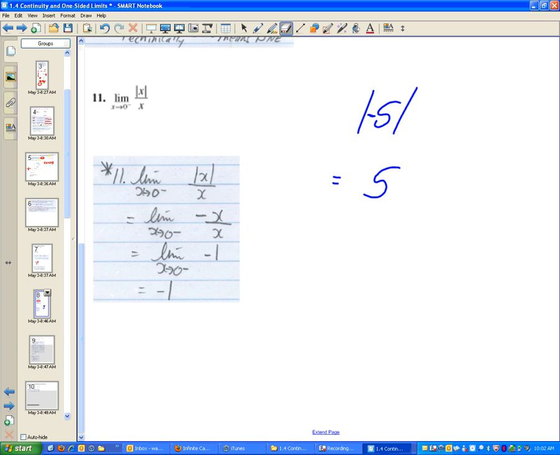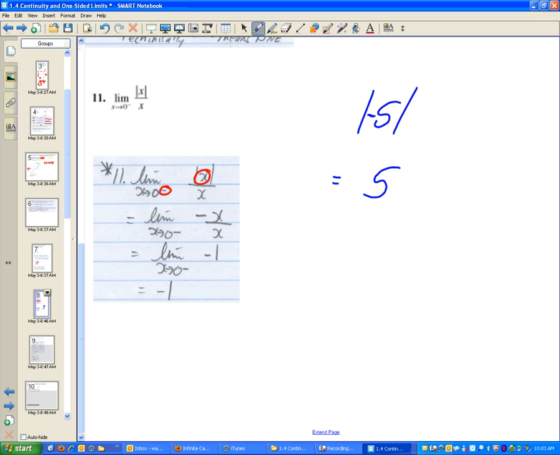So if x is positive, the absolute value signs do nothing, and I can leave them off. If x is negative, the absolute value signs change its sign. If x is approaching 0 from the left, x is negative. And if x is negative, the absolute value signs change its sign.